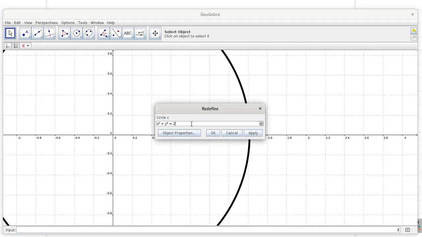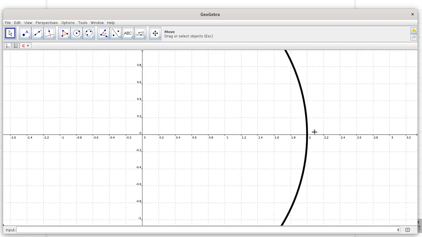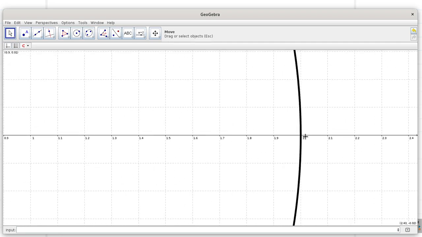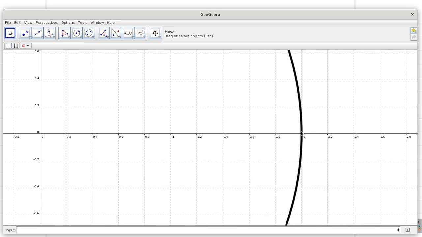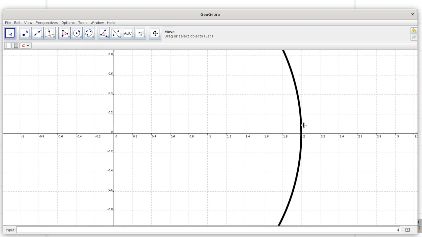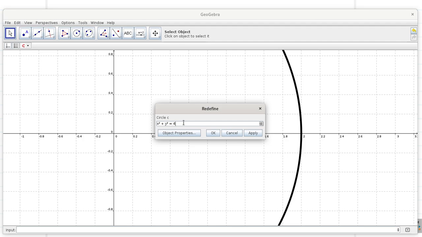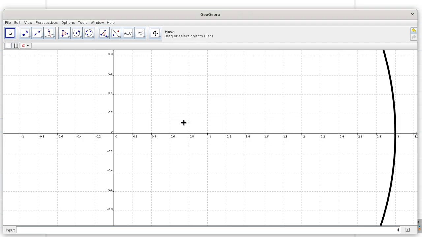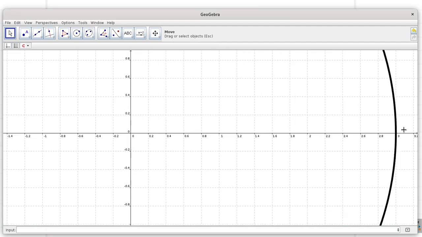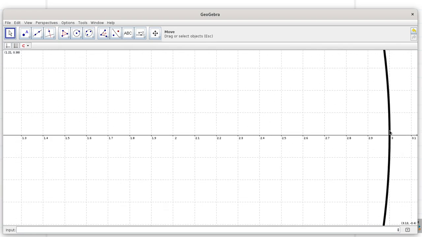If I make it equal to 2 squared, which is 4, it goes to 2, right? And so on. If I make this thing 3 squared, which is 9, it goes to 3. It ends up at 3.